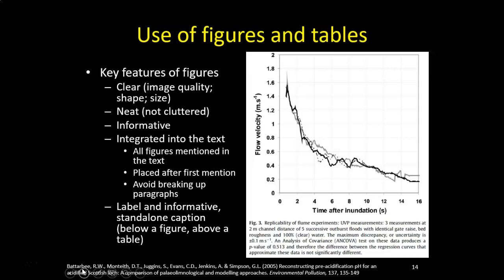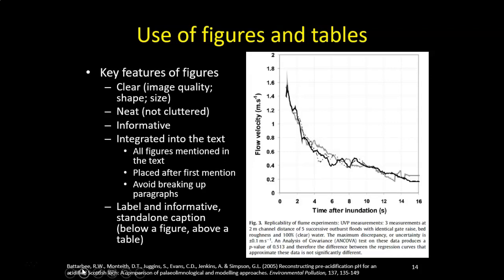If you're including the figure because you want your reader to be able to understand the information in it, make sure that it's at a resolution that is really clear and you can read all of the information, that it's neat and not cluttered, that it's informative, that it's integrated well into the text. So it shouldn't just be there for interest, it should be specifically referred to in the text, and it should be clear why you're asking us to look at that figure.